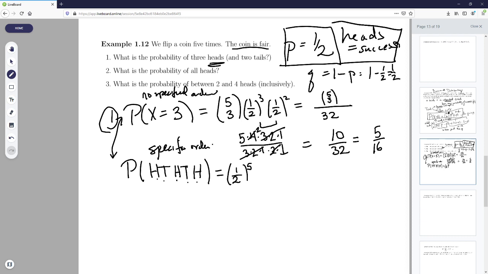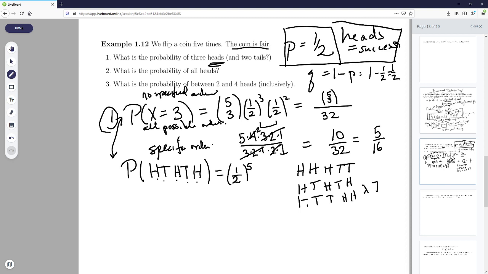So what we are going to consider is all possible orders of 3 heads and 2 tails. So you can get heads, heads, heads, tails, tails. There's 10 different possibilities. You can get heads, tails, heads, tails, heads. You can get heads, tails, tails, heads, heads, and 7 more.